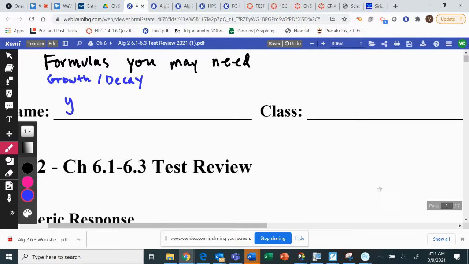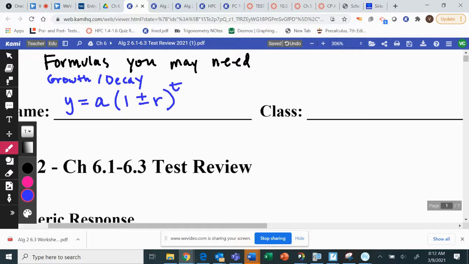So we're going to start out with y equals a(1 plus or minus r)^t. The plus would be for growth, and the minus would be for decay. So it's the same formula, just either a plus or minus depending on what.